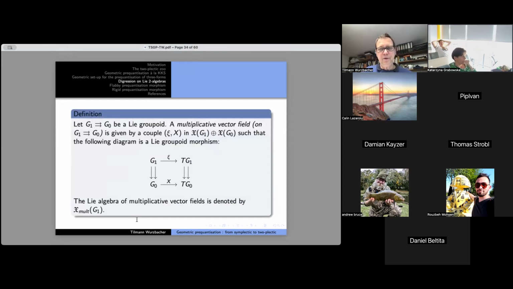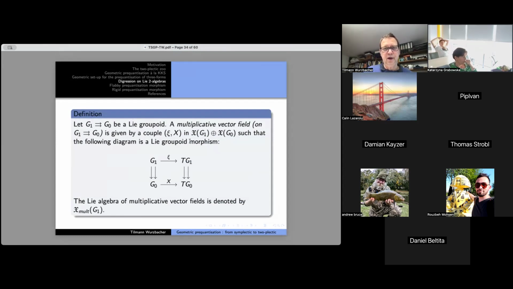A multiplicative vector field on a groupoid is a couple of two vector fields, one on the total space, one on the base space, and this couple defines a Lie groupoid morphism.